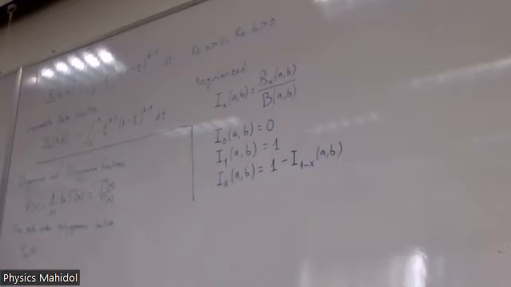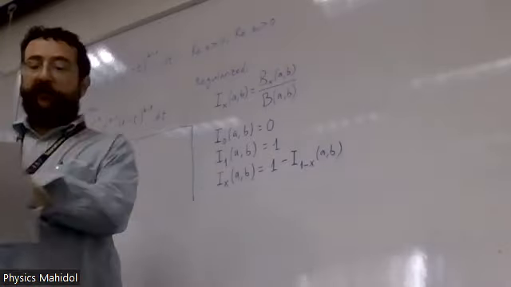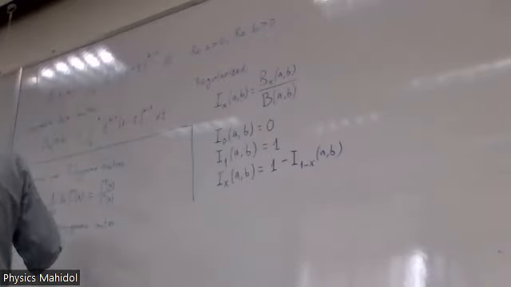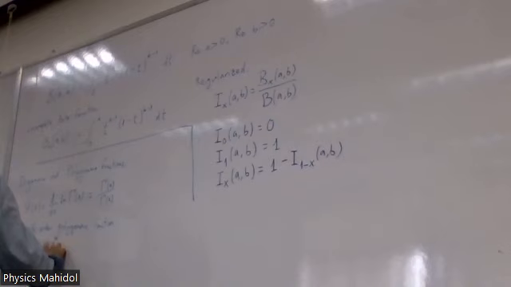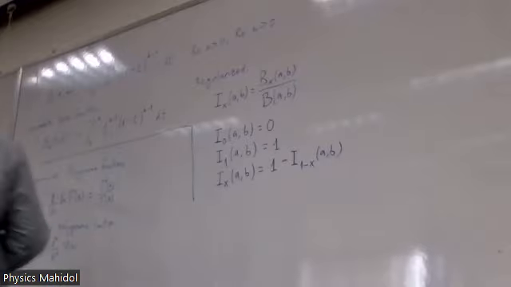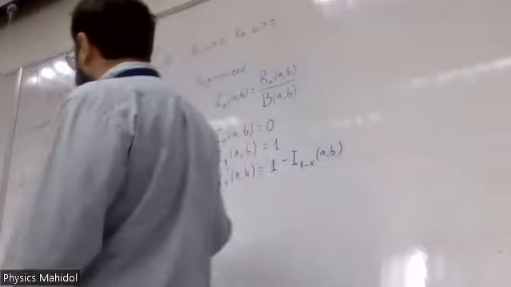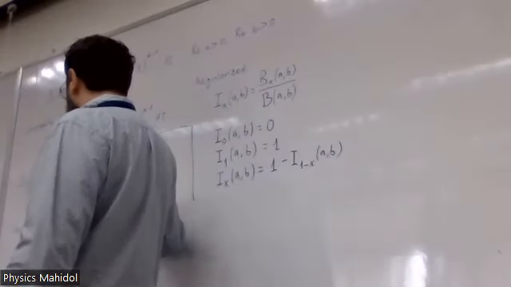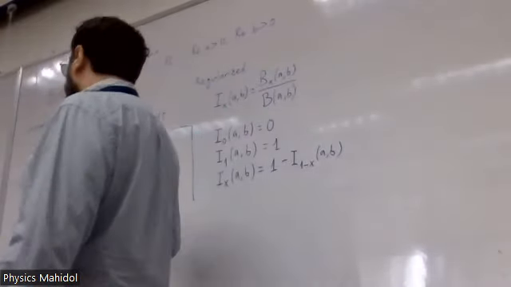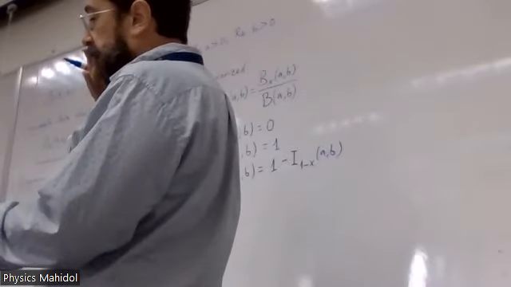So the polygamma function of order n would be the nth derivative of this digamma function. So if you need the derivative of the gamma function itself, you can just calculate it from this one, right?